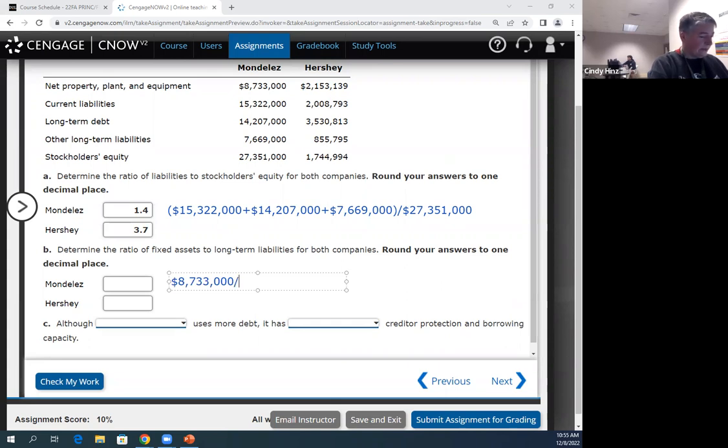And then the long-term liabilities, $14,207,000 and $7,669,000.